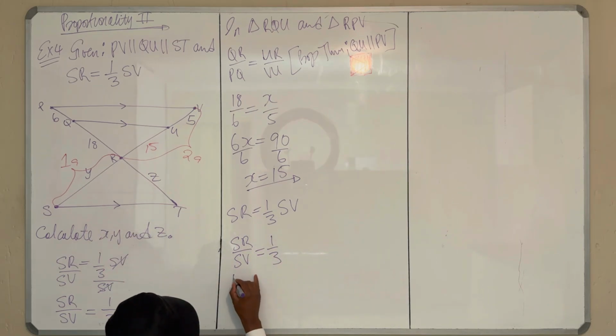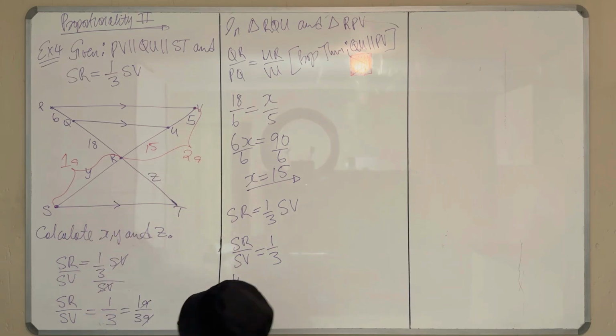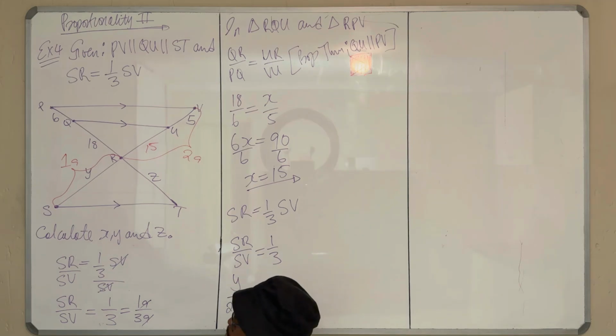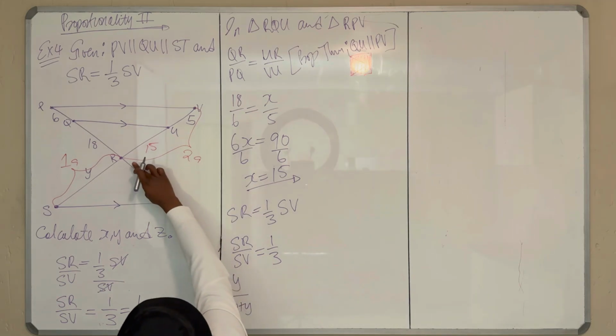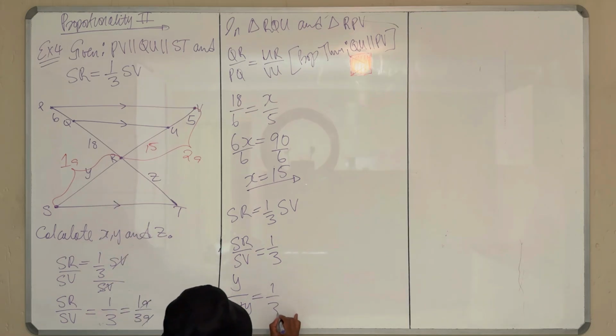SR is y, over SV. SV is the entire thing, so it's 20 plus y. Because this is 20 plus y, it is equal to 1 over 3.